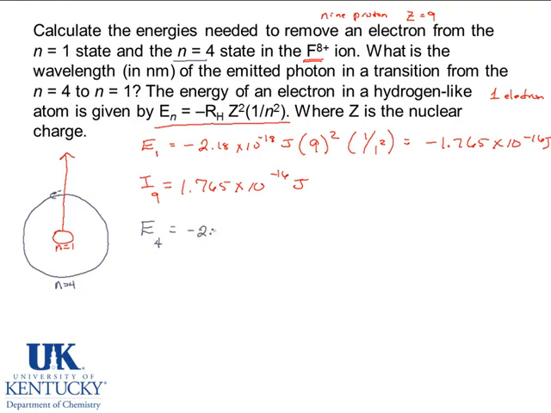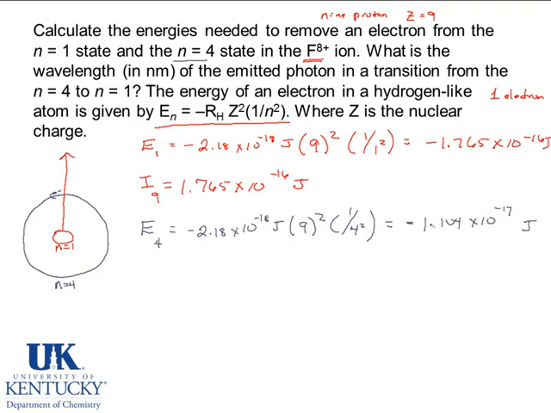It would be negative 2.18 times 10 to the minus 18 joules. This wouldn't change because that's the nuclear charge. What would change is I would be dividing it by 4 squared. And when we multiply this out, we get negative 1.104 times 10 to the minus 17 joules.